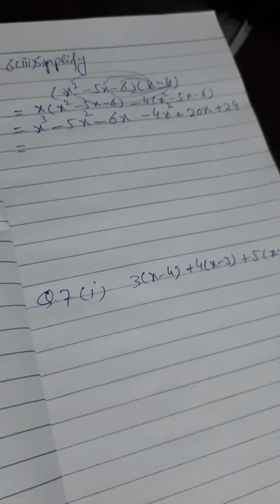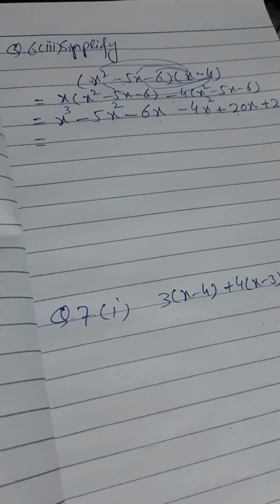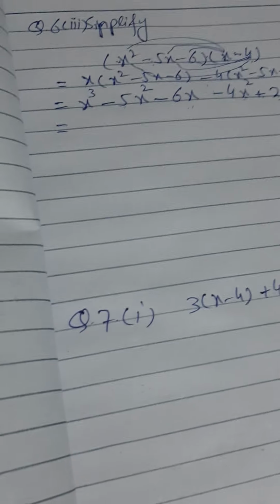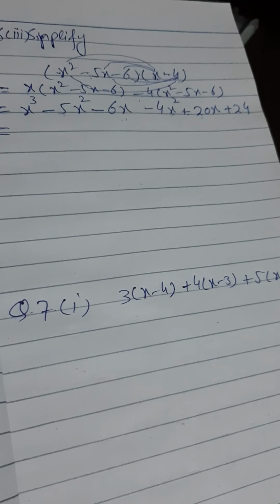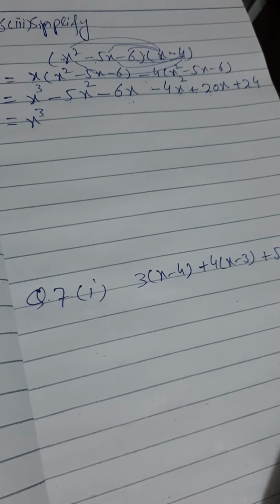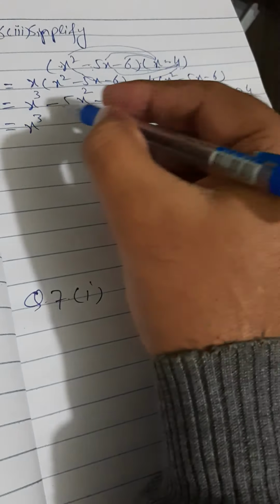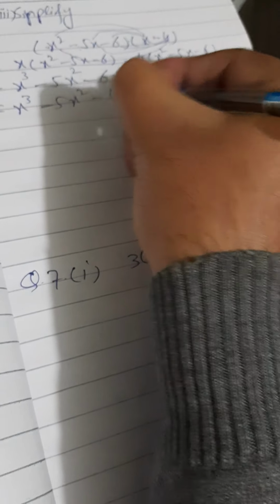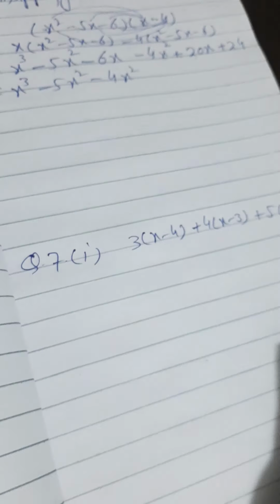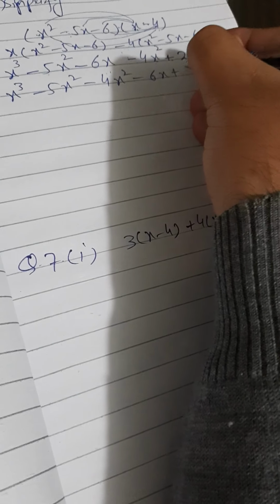Now, the same rule which we used in addition and subtraction, we have to arrange according to like terms. So first is x cube. Is there any other term of x cube? There isn't, so we skip that. Now there is minus 5x square and the like term is minus 4x square, then minus 6x and plus 20x.